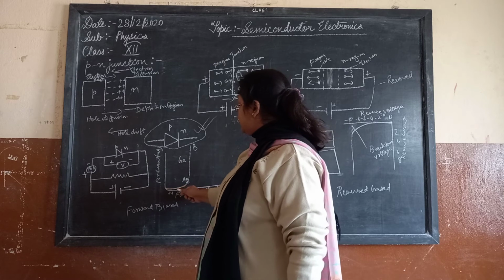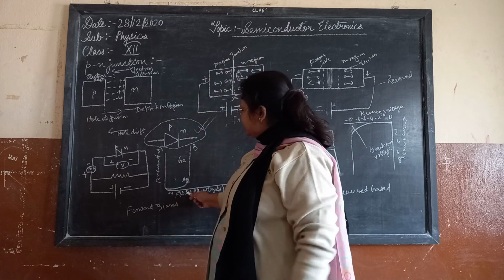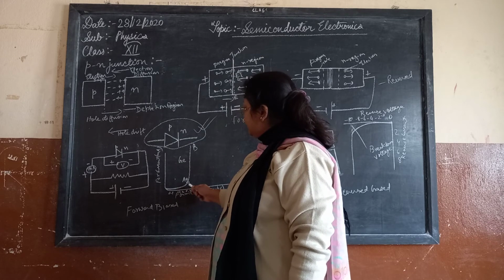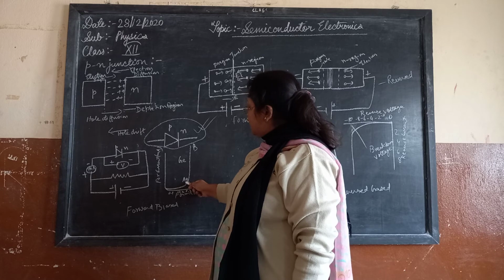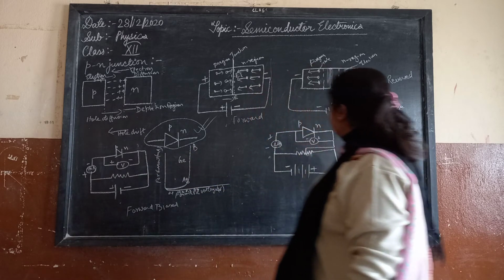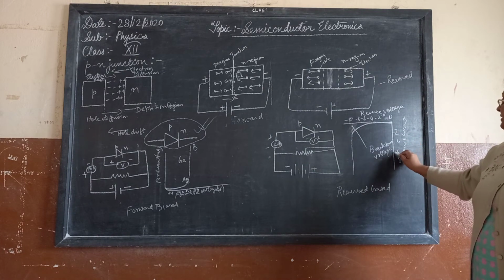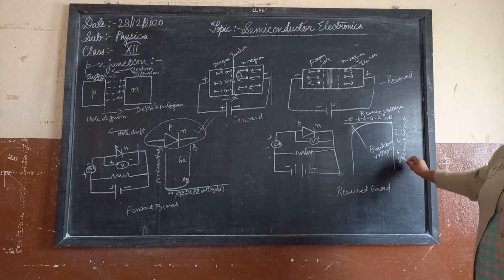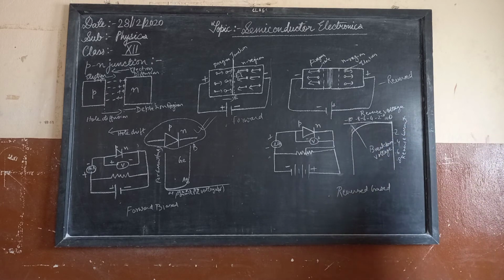In this region the voltage is positive, that is 0.3 here, and at 0.3 there is a rise in the current. In this other region we have the reverse bias, which is in the negative direction.